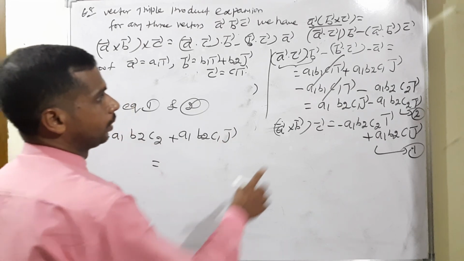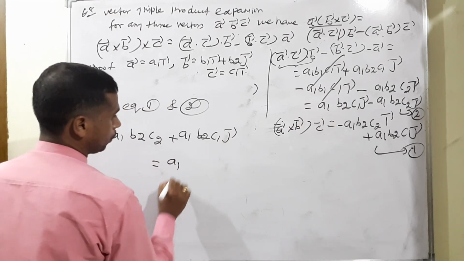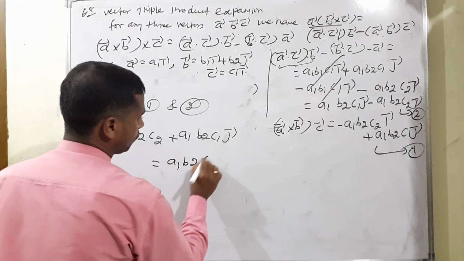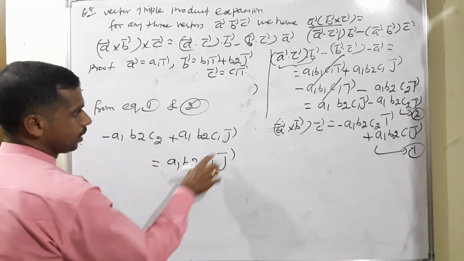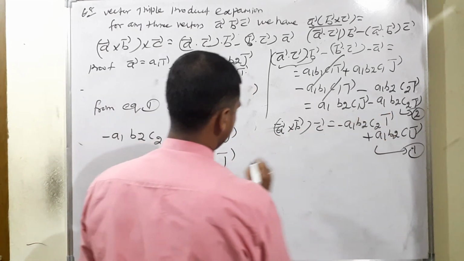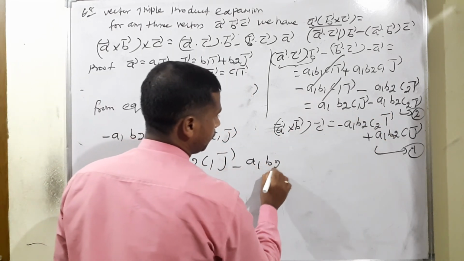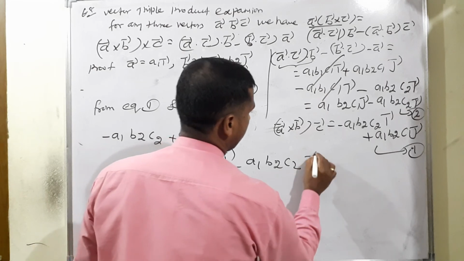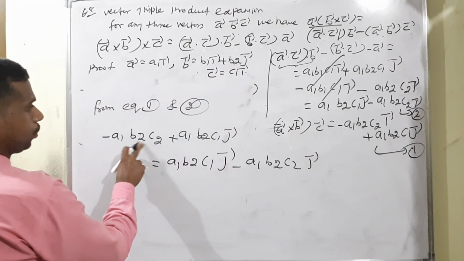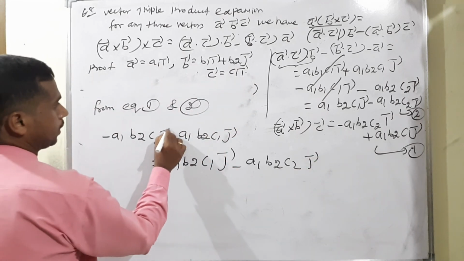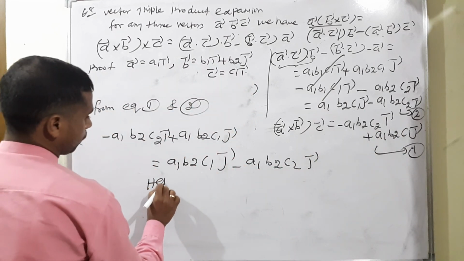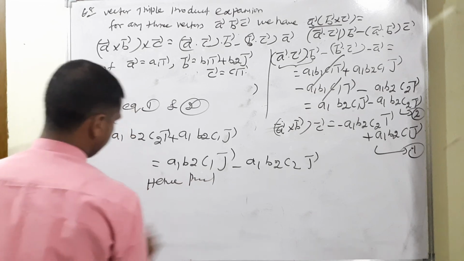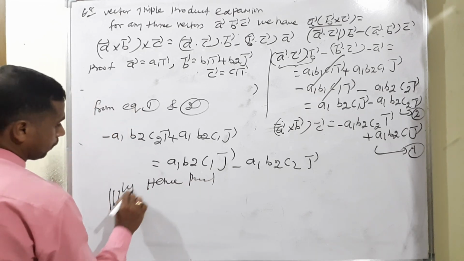Equation number 2, look at this, what is the value? A1 B2 C1 j, then minus A1 B2 C2 I. So we can write, hence proved.